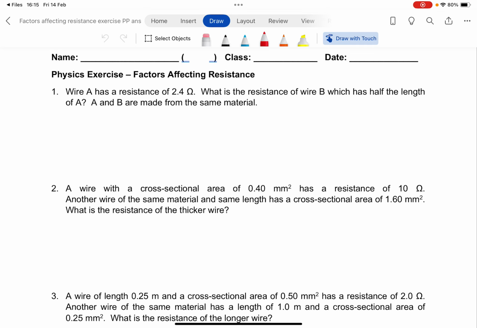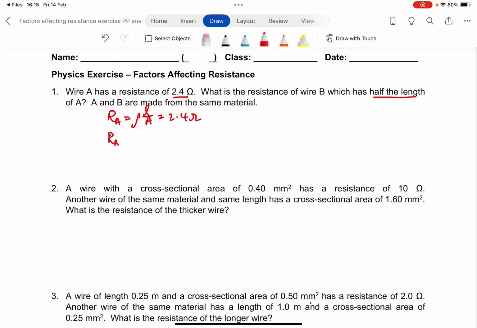Okay, so for the first question, you're given wire A with resistance 2.4 ohms, and wire B is half the length. So what's the resistance? For wire A, we say that it's rho L over A, and it's 2.4 ohms.